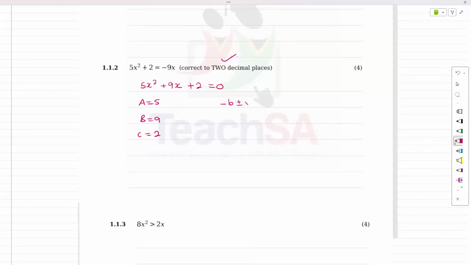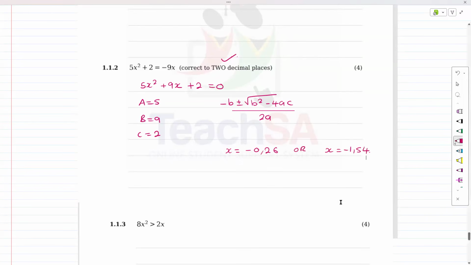That's minus b plus or minus the square root of b squared minus 4ac all over 2a. I am skipping the formula, but you guys would be able to do this: x equals minus 0.26 or x equals minus 1.54.